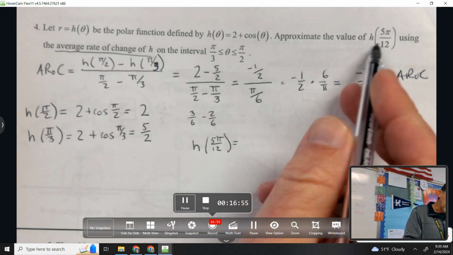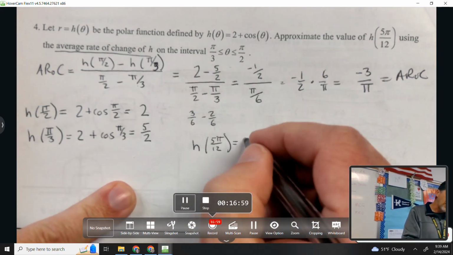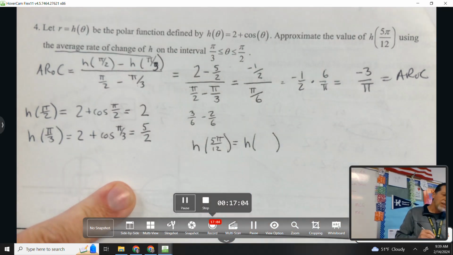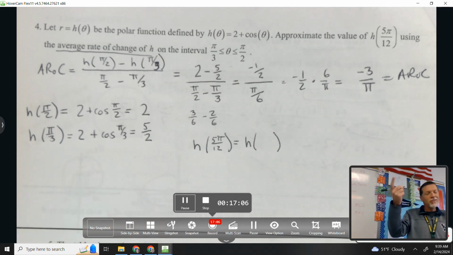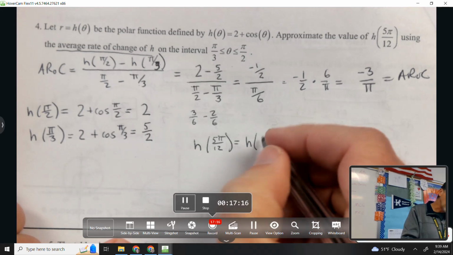Which one do we start at? Well, I guess you could start at either. It's probably easier to start at the lower one, because then your step is adding rather than stepping backwards. But you're right, you could start at either one. I'm going to start at the lower one.